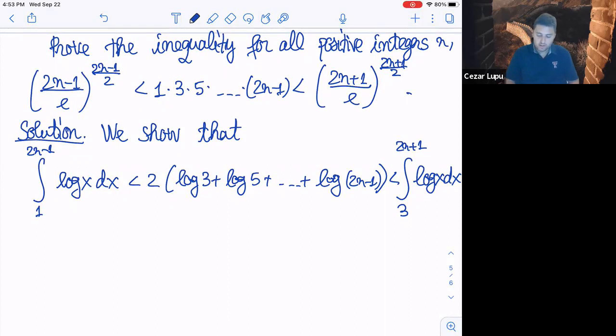All right, so the way we show this is if you look at this function log x.